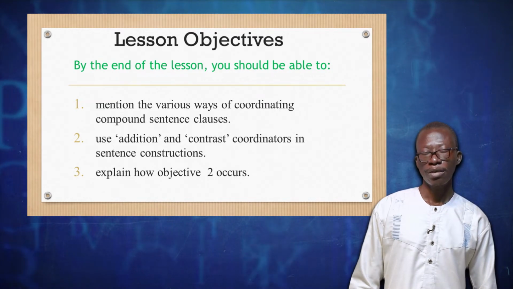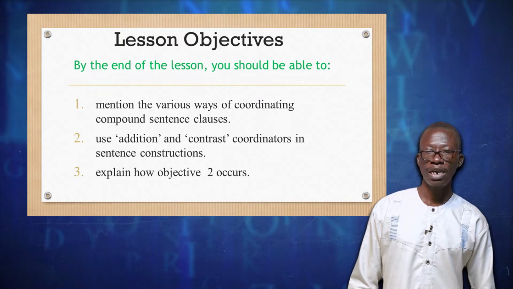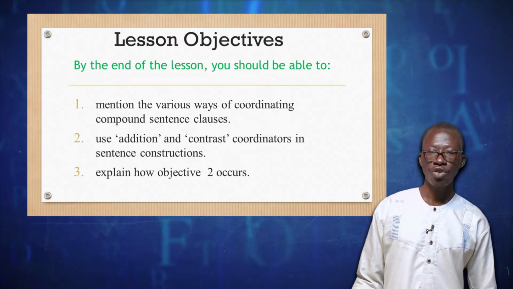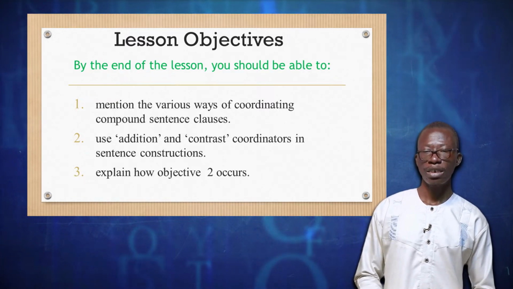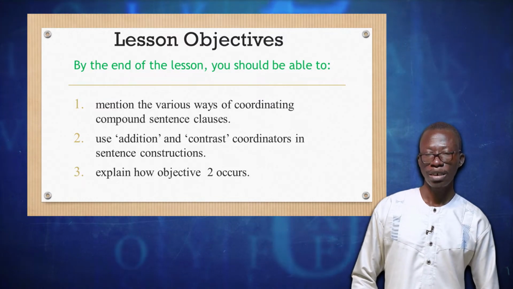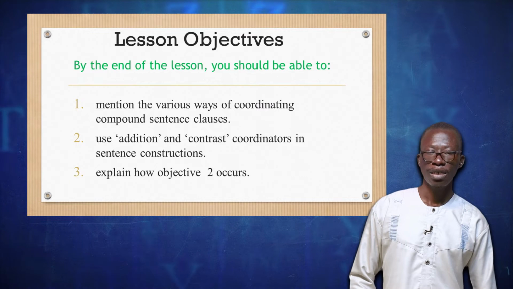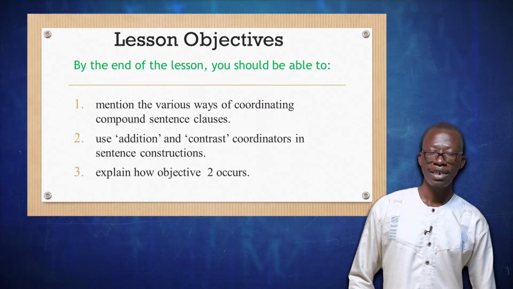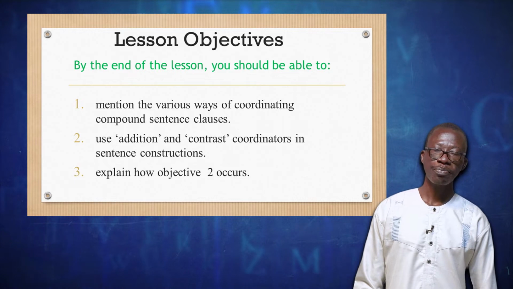And then if we are able to do this perfectly, we should be able to explain how we coordinate our clauses within compound sentences by using addition and contrast. These are the objectives for the lesson, and we shall be guided by that. Get ready, have your pen and books to follow us throughout the lesson.